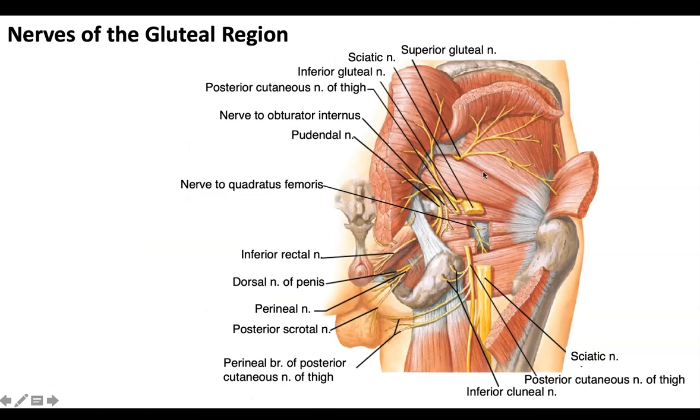There are several nerves in the gluteal region, and most of these nerves are branches from the sacral plexus. All of these nerves enter into the gluteal region through the greater sciatic foramen. The nerves of the gluteal region are the superior gluteal nerve, inferior gluteal nerve, sciatic nerve, nerve to the obturator internus, nerve to the quadratus femoris, and the pudendal nerve.